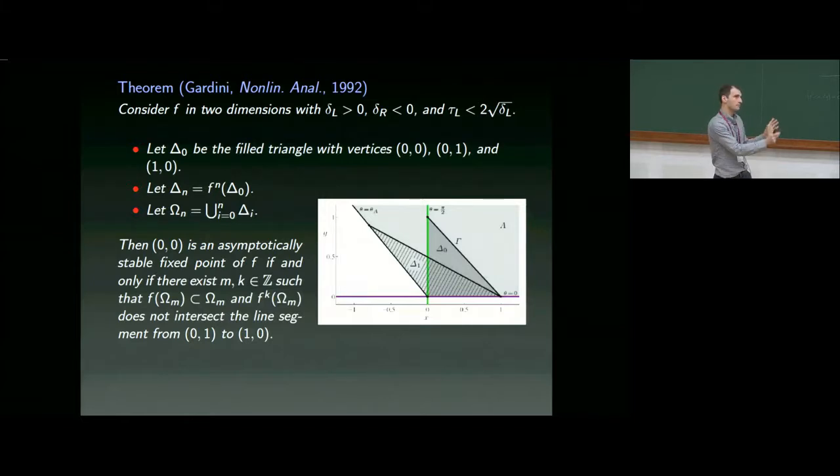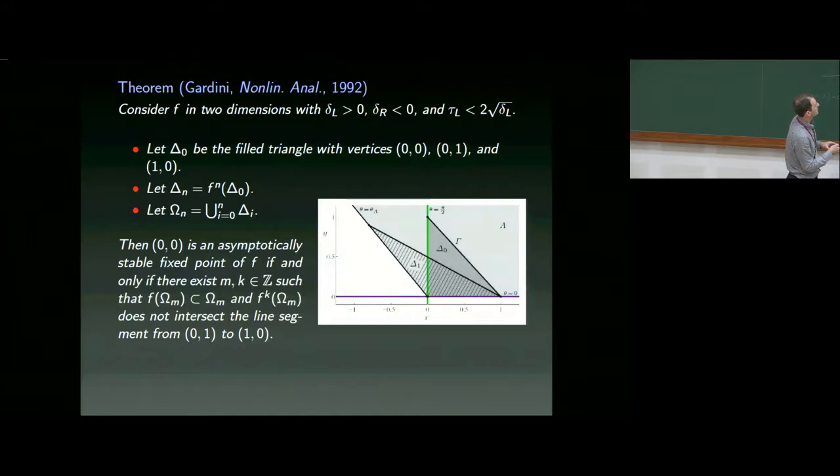And if you do a coordinate change, you can change her map into exactly the map that I'm looking at. And so here's her theorem, just rewritten in terms of my map, if you like.